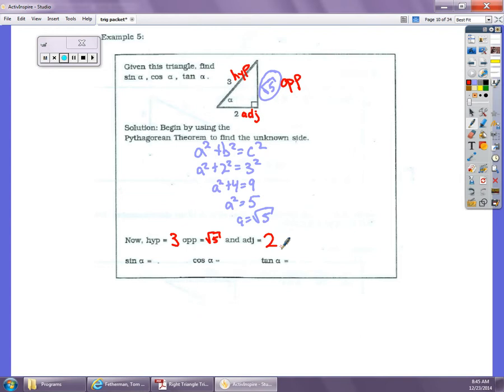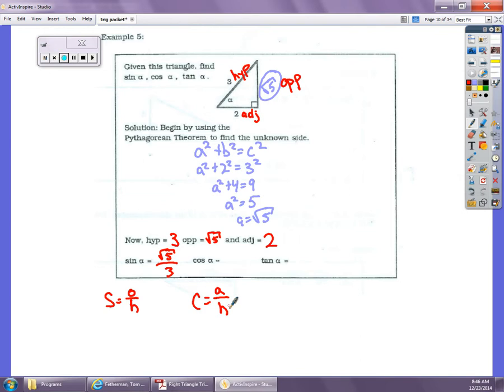So going back to a couple pages ago, sine is opposite over hypotenuse. So we go opposite, which is the square root of 5, over hypotenuse, and the hypotenuse is 3. And cosine is adjacent over hypotenuse.